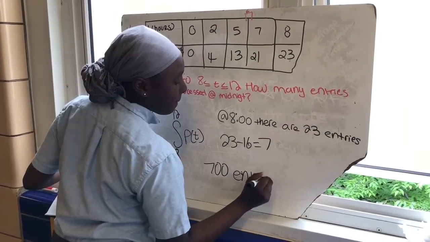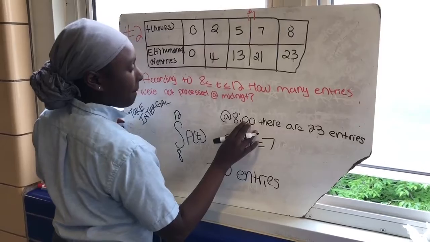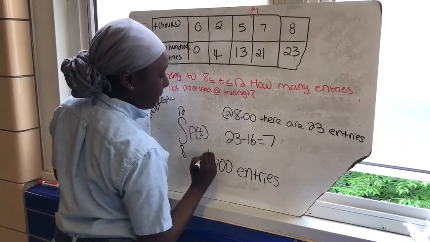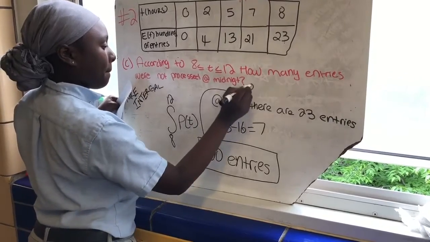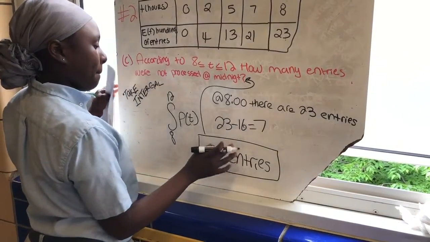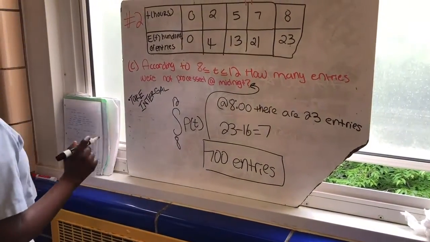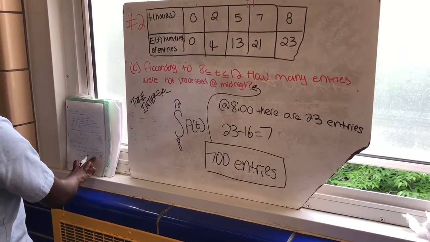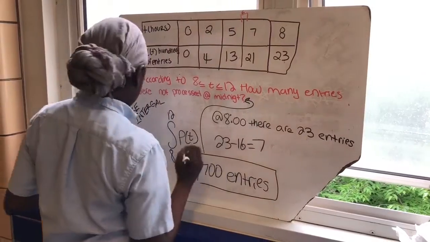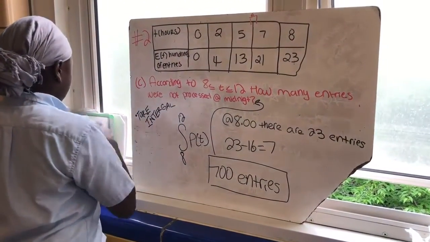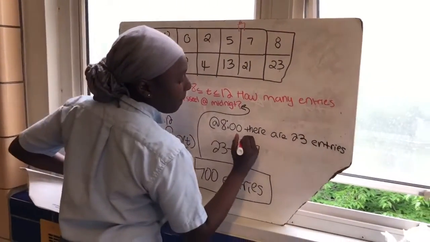So you do how many entries there were and how many had been processed, and you subtract them from each other, which will give you how many had not been processed yet. So basically, you have to do 23 minus 16, and that gets you 7. And remember that your answer is always in hundreds, so you put 700 entries.